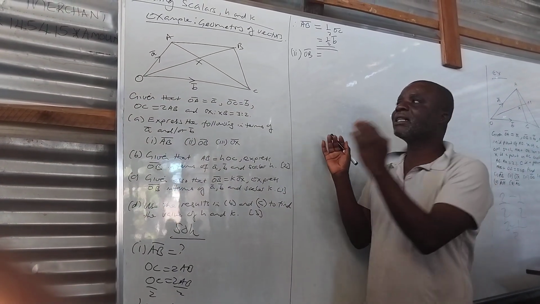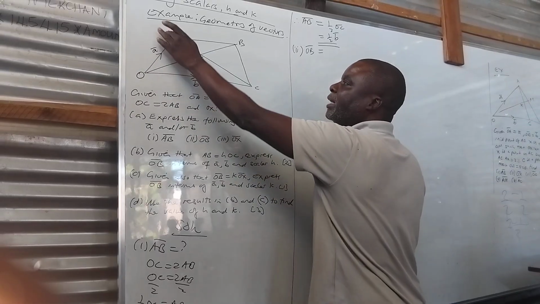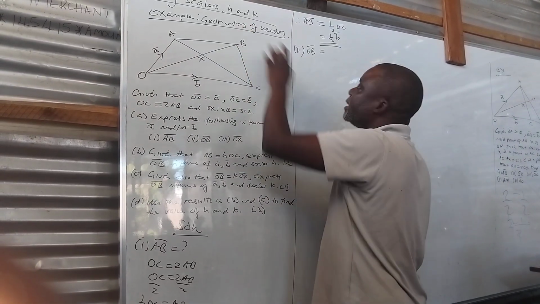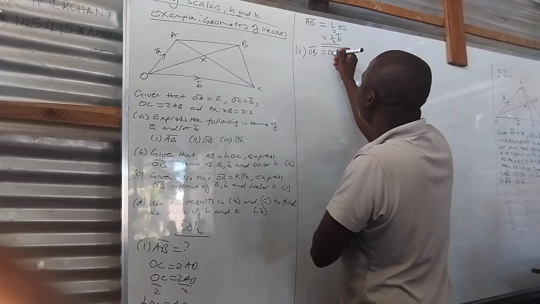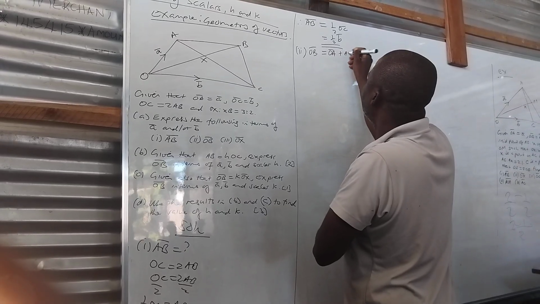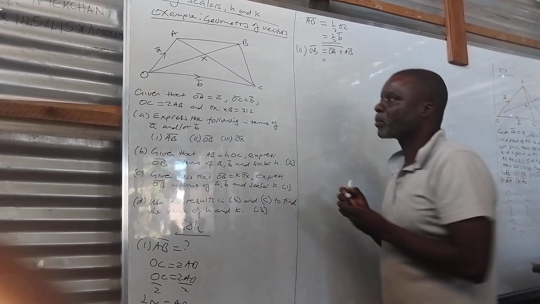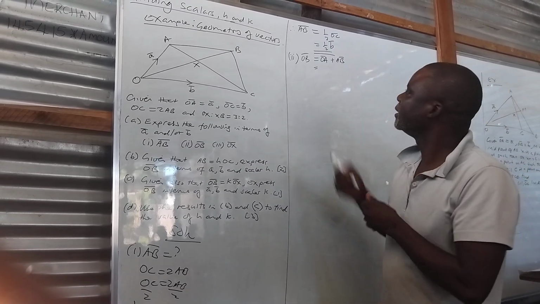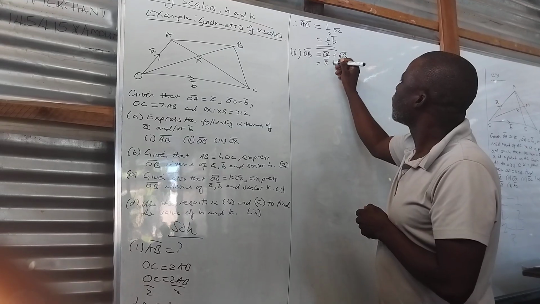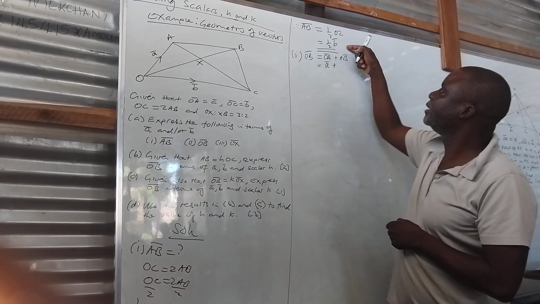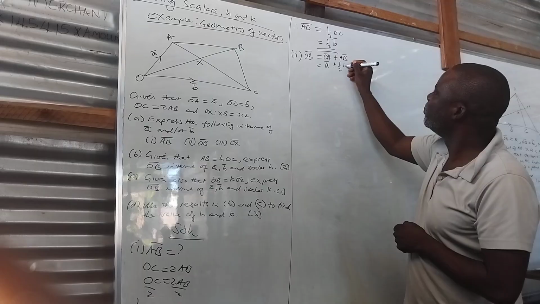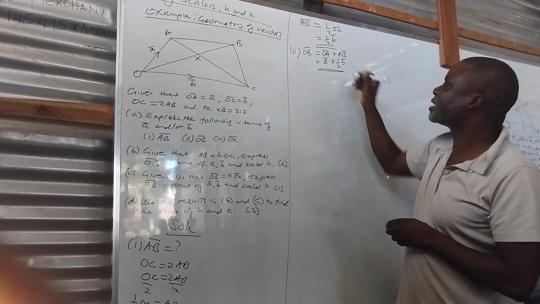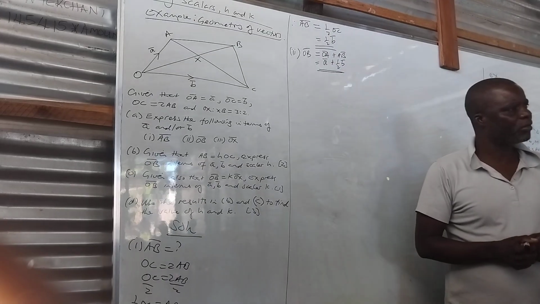I can take the route from O to A, then A to B. So OB is OA plus AB. What is OA? Vector OA is A. And AB is half B. So OB is A plus half B. That's our OB.